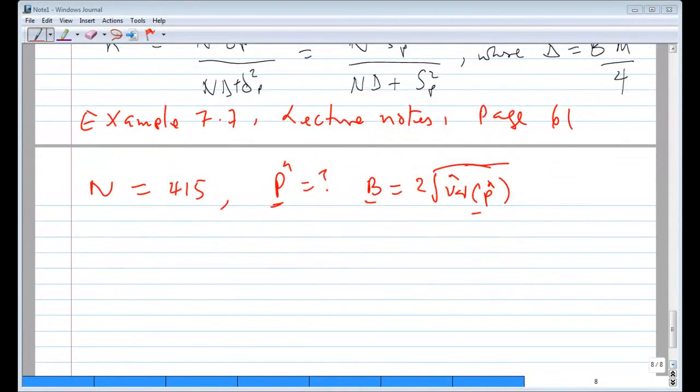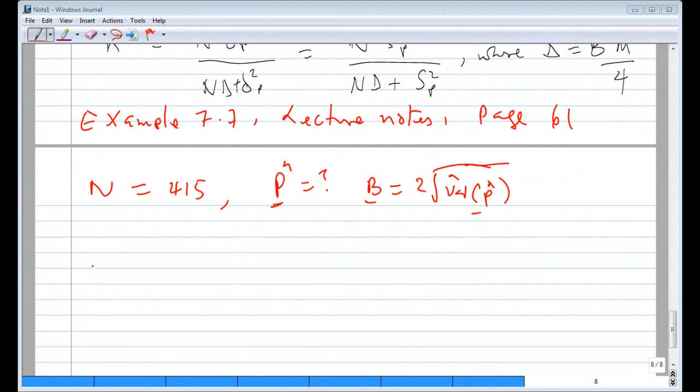On table 7.4 on page 61, they gave you the residents and renters. Residents is m_i and renters is a_i. They also found the summation of m_i and the summation of a_i.